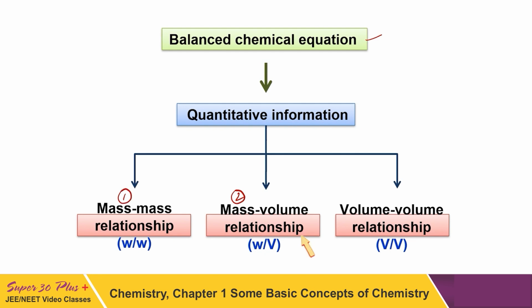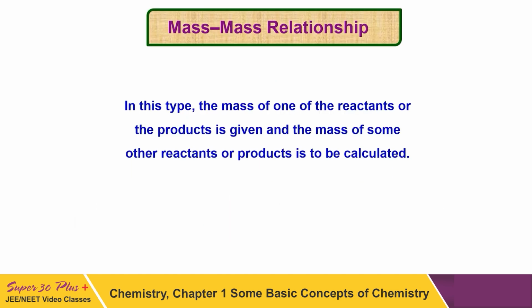Here the mass of any one reactant or the volume of any one reactant or product will be given, and another quantity of any other reactant or product will be asked. And the last relation is the volume-volume relationship, in which very simply one volume will be given and another volume will be asked, maybe of a reactant or maybe of a product. It depends upon the question.